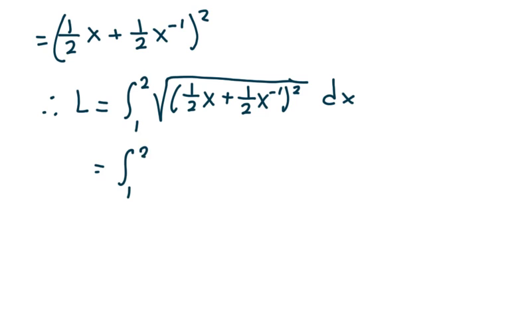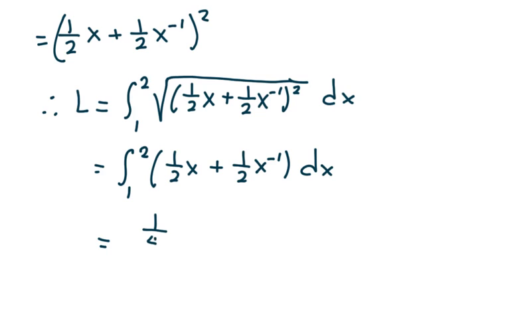But this is the integral from 1 to 2 of 1/2 x plus 1/2 x to the negative 1 dx. So this is 1/4 x squared plus 1/2 natural log of x from 1 to 2.